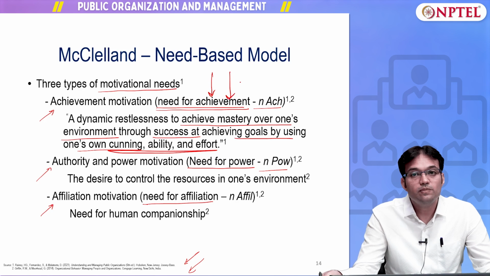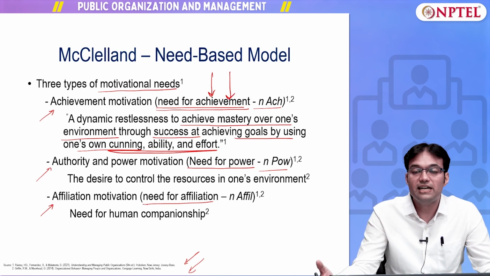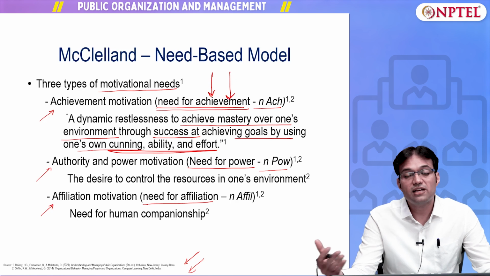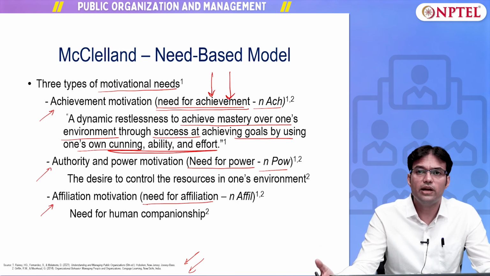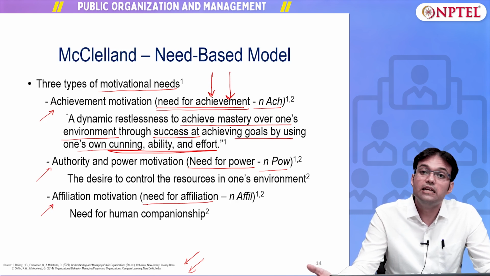You might have seen these people in your surroundings, in your workplaces, right? Maybe if you have friends, they will have these kind of tendencies. You will notice it in their behaviors. They have that kind of attitude to jump into the projects which give them enough challenge, and they take it as a challenge and prove themselves by attaining success, by attaining the goal of the organization. So, high need for achievement.